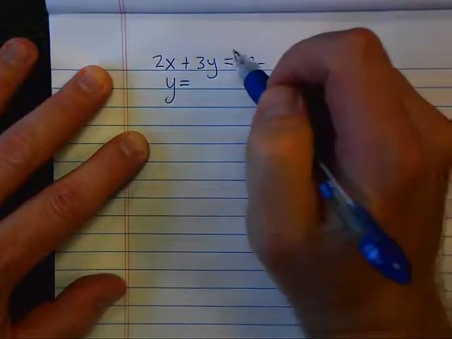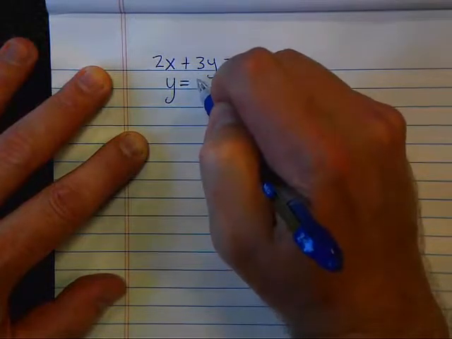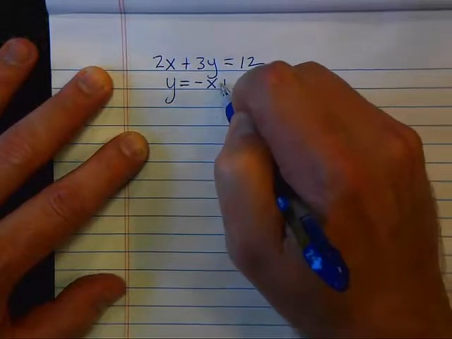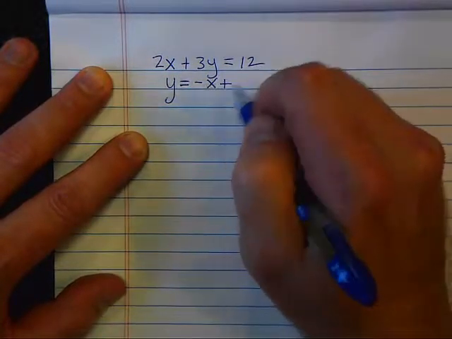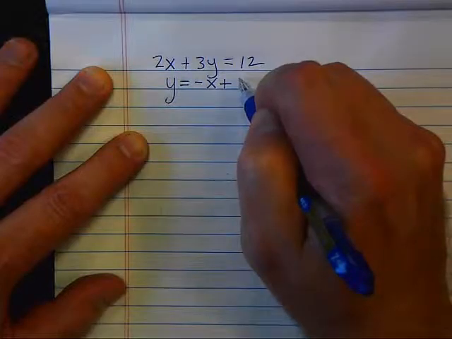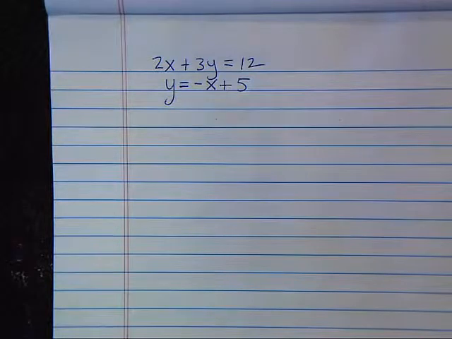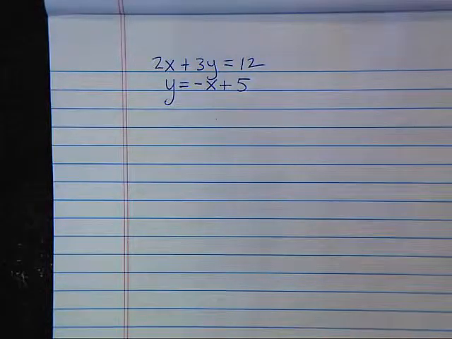How about negative x plus 5, I think will work. Well, what we would do is draw both those lines, and then look to see if the lines cross, and if they do cross, where do they cross? And that'll be our answer.